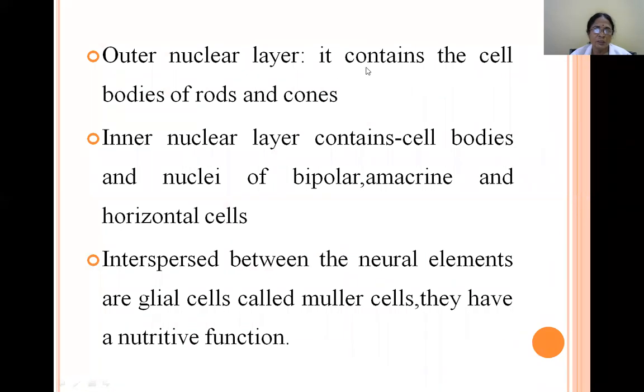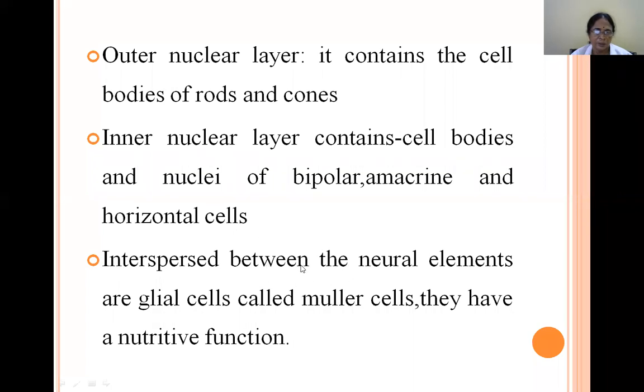The outer nuclear layer contains the cell bodies of rods and cones. The inner nuclear layer contains cell bodies and nuclei of bipolar, amacrine, and horizontal cells.